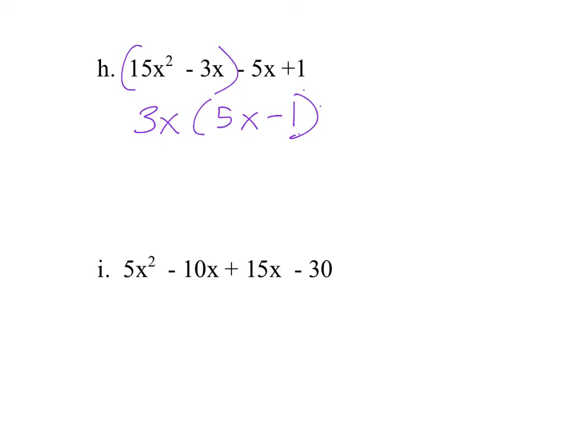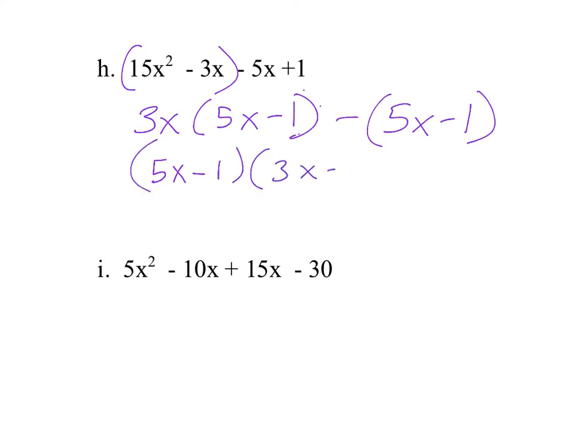Minus, now remember we have to flip all our signs because of that minus out front. Now I can factor out a 5x minus 1, and it leaves behind 3x minus the placeholder of 1.